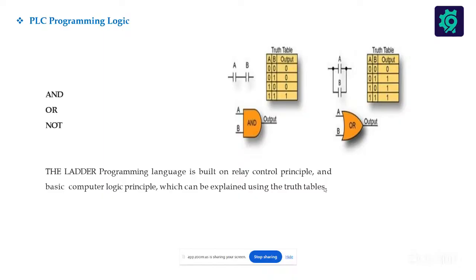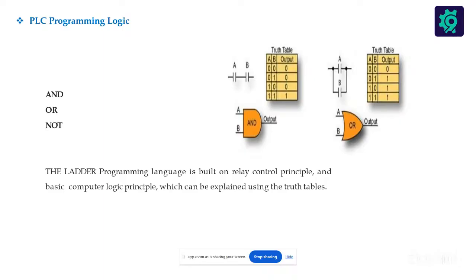I started module 2 on Thursday, where we discussed extensively the hardware parts of PLCs. We talked about the architecture, the types of PLC, the brands of PLC, and also a little bit about PLC programming logic.